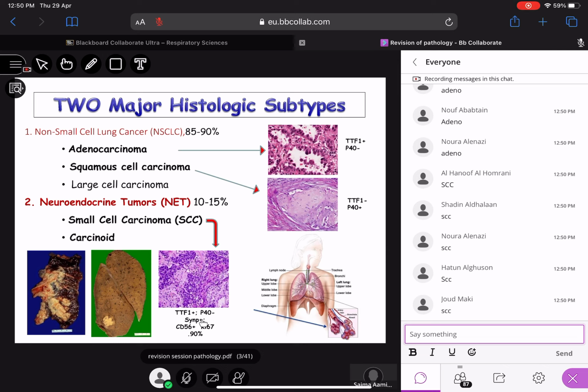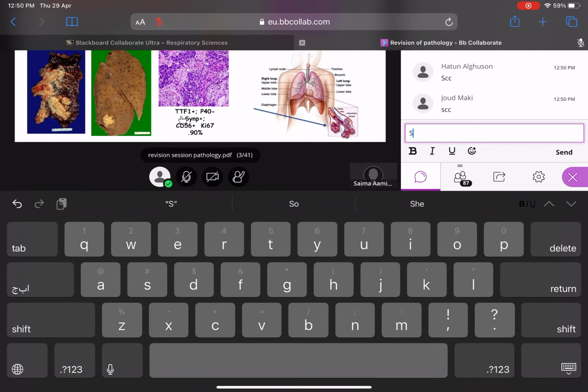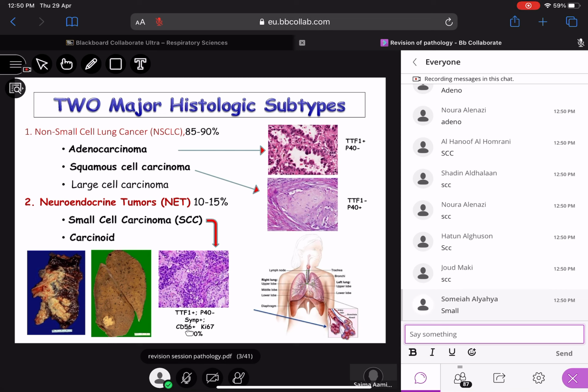What about this tumor? You have the biopsy and you have the staining for TTF1, but P40 is negative and synaptophysin is positive, CD56 is positive, Ki67 index is very high at 90%. Yes, it is small cell carcinoma because you have small cells on histology, and TTF1 can be positive in small cell, but negative P40 excludes squamous, and the neuroendocrine markers, these two, are positive with a high Ki67 index.